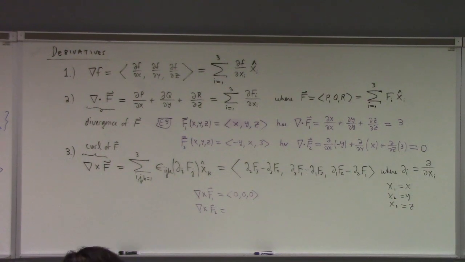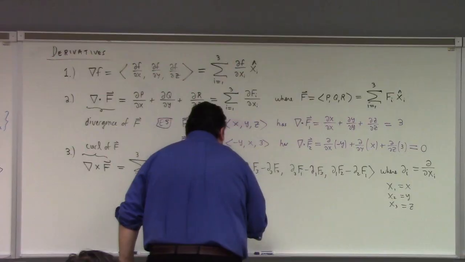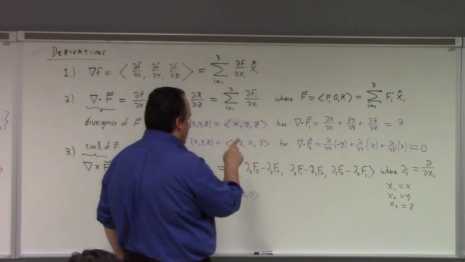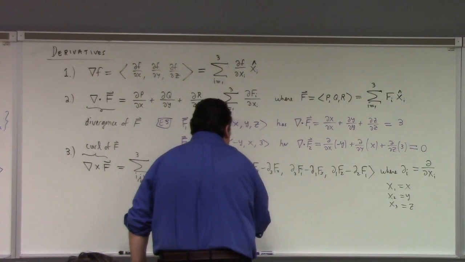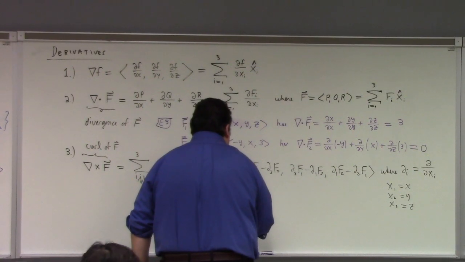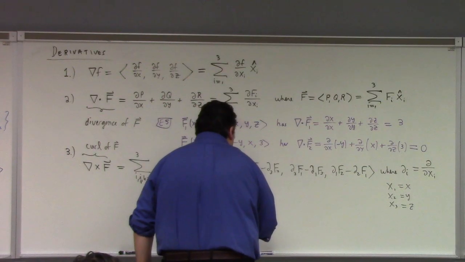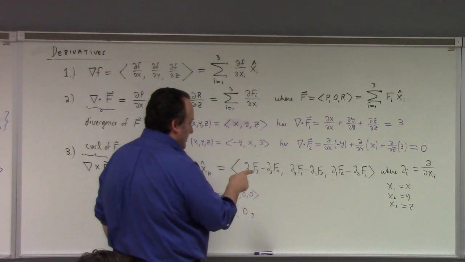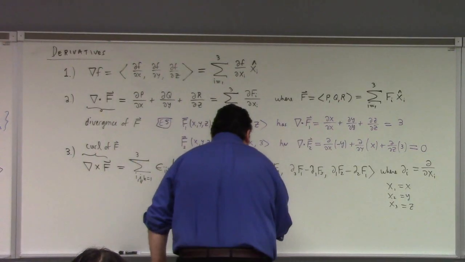How about the curl of f2? Let me write down the non-trivial terms. I guess the first one is just 0. That one's just 0.